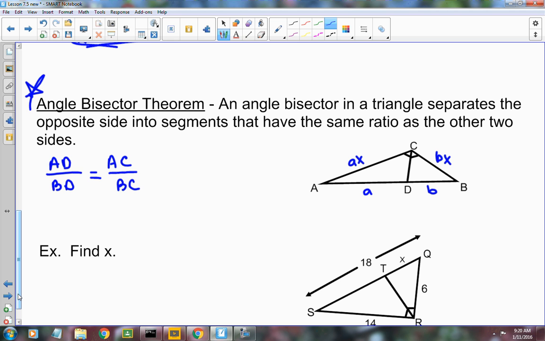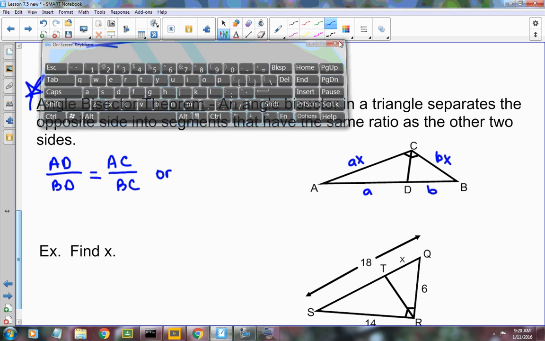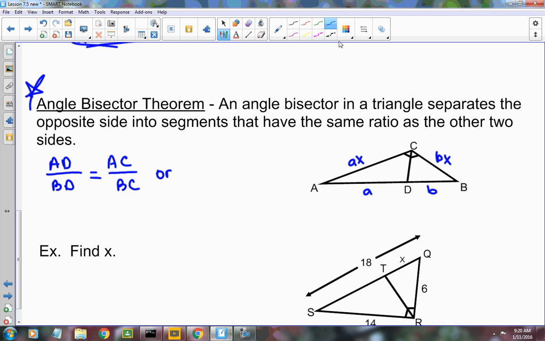So you do opposite to opposite, side to side. Okay? So left to right, if you're going to look at it like that, okay? Or I could do opposite to side, okay?